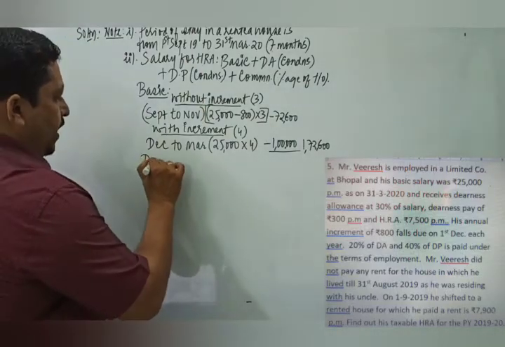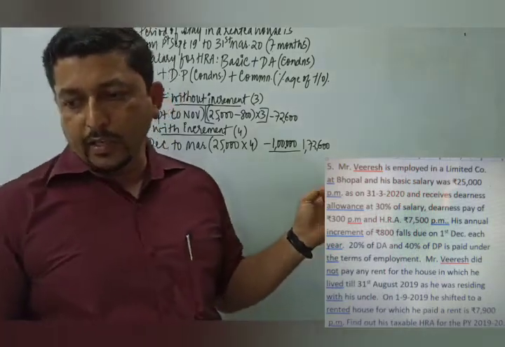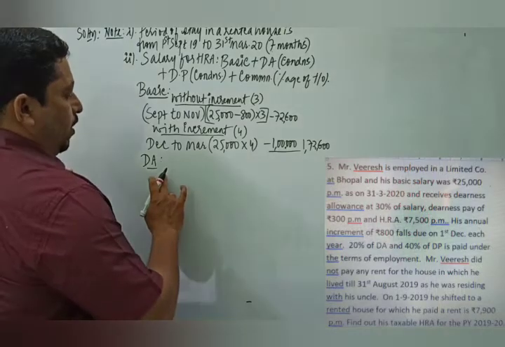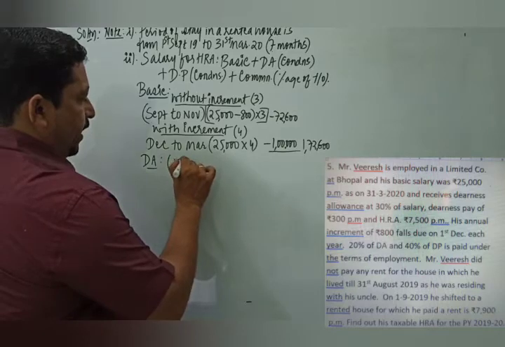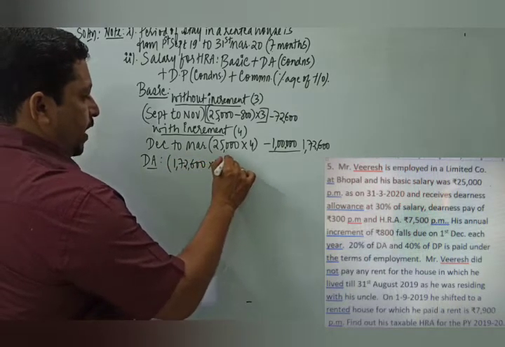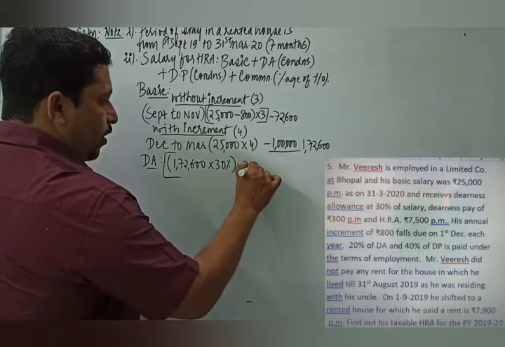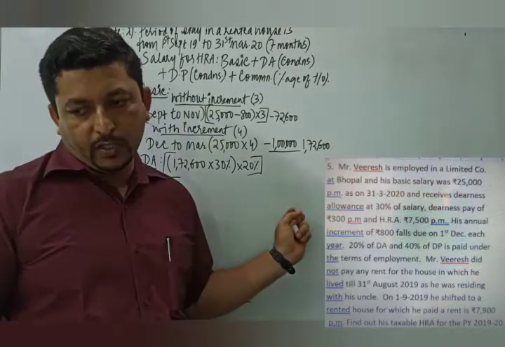Then we have DA. Now DA is clearly given: 30% of basic is DA. So I take 1,72,600, and 30% of basic is DA. And of this, 20% is included for retirement benefits.